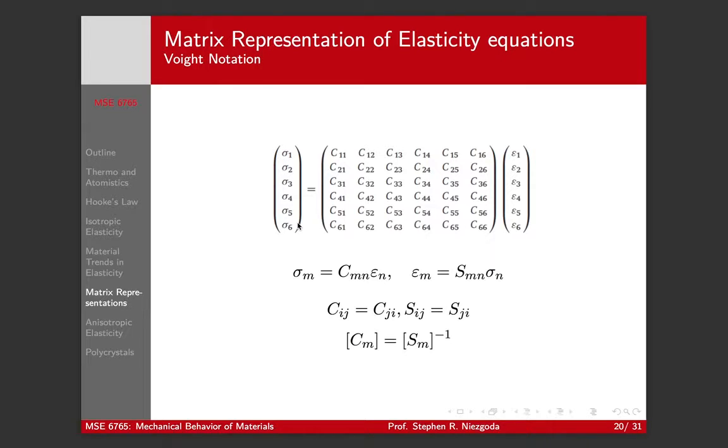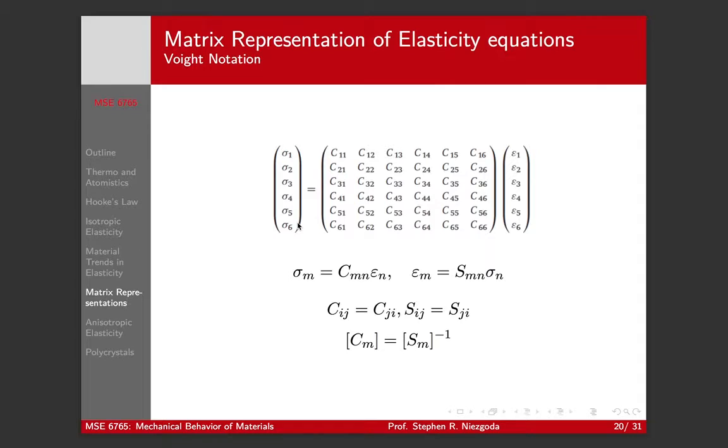So we know how to write second order tensors as matrices. Here we're looking at how do we write a matrix equation that captures a fourth order tensor acting on a second order tensor.